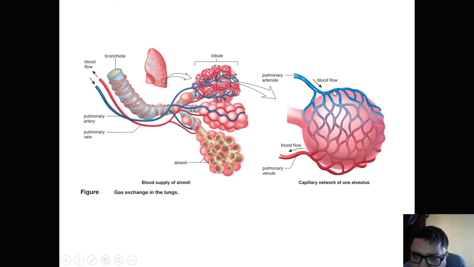Here the oxygen concentration is higher, and in the blood the oxygen concentration is very low, so oxygen diffuses into the blood cells. Similarly, the content of CO2 in the alveolar sac is low and the carbon dioxide content in the blood is high, so the carbon dioxide diffuses from higher concentration to lower concentration. So there is an exchange of gases taking place in the alveoli. This diffusion takes place because of the concentration gradient of oxygen and carbon dioxide.